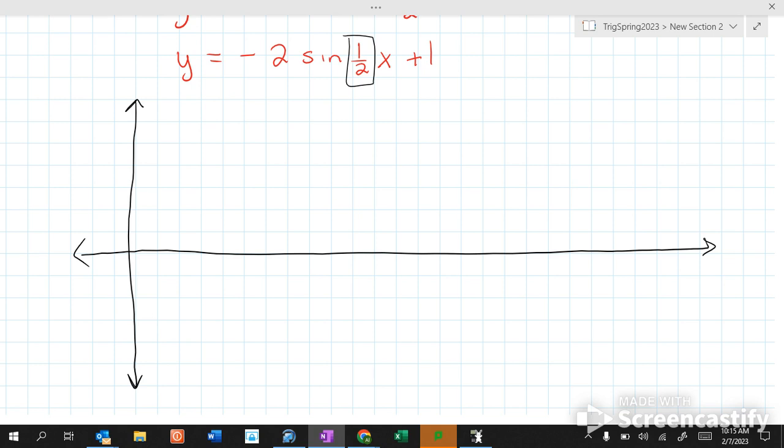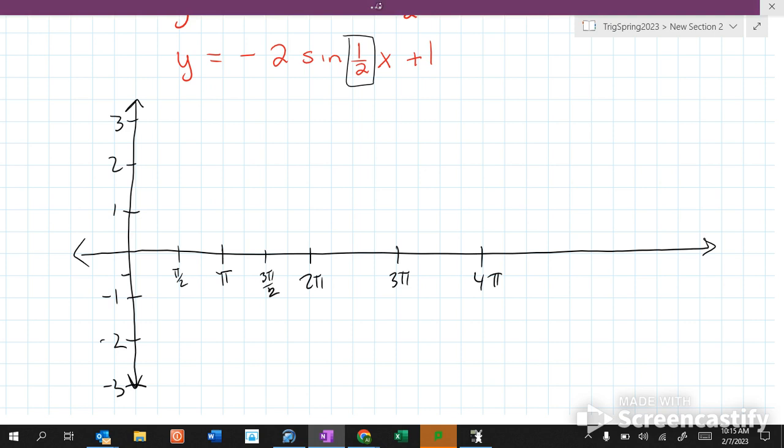Twice as far. So I'm going to make sure I don't go too far here. I'm going to go 4 to get to pi again. Pi, 2 pi, 3 pi, 4 pi. 1, 2, 3. Negative 1, negative 2, negative 3. Pi over 2, 3 pi over 2.